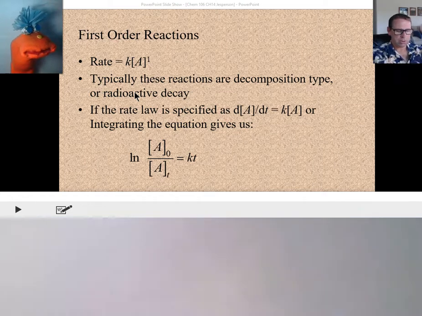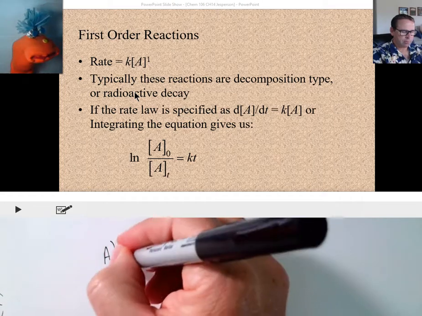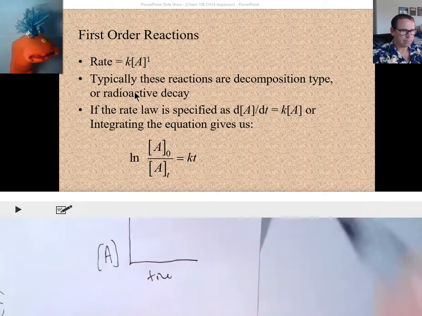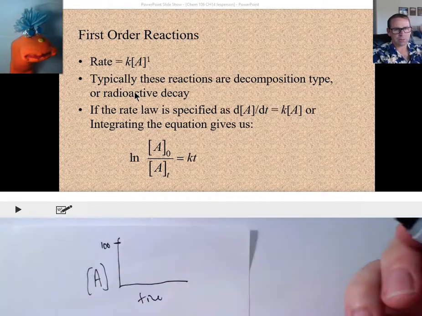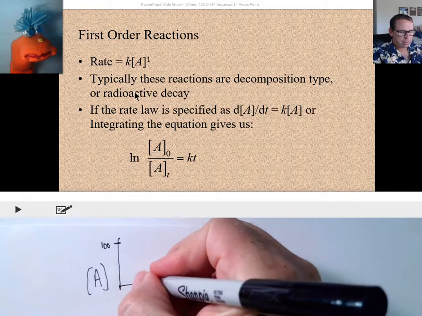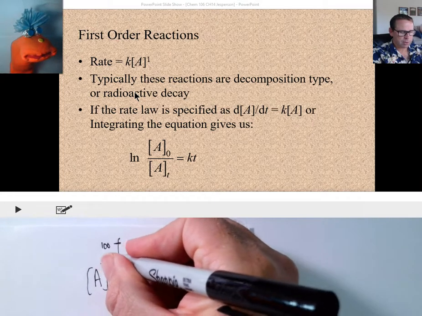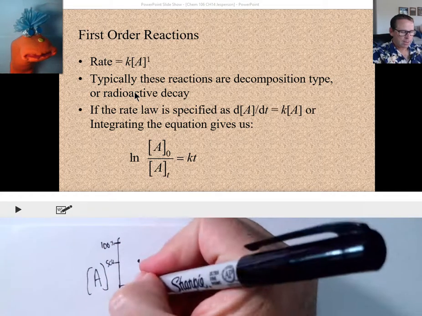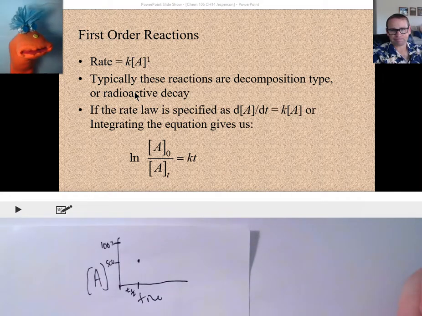So let me draw that a little more precisely here. If I have concentration of A versus time, and I start with this, let's say that's 100% of my material, it'll take a certain amount of time, just like any reaction, for me to end up with 50% of my material, and that time we'll call t1/2, a half-life.